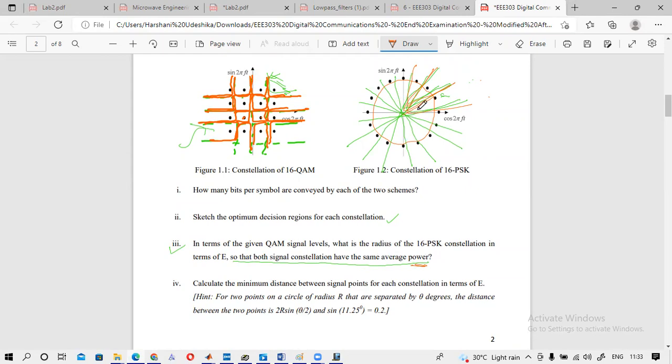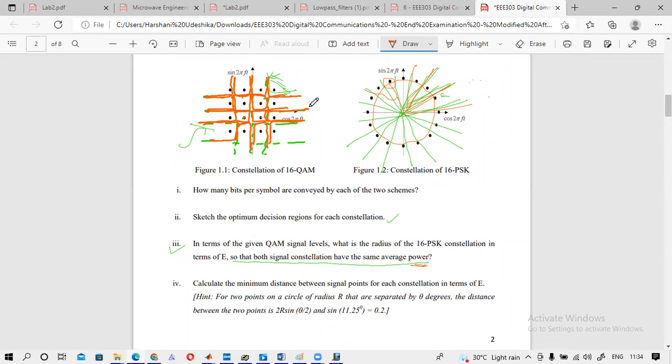You can see that for this one also, the distance between these two points is the radius, and the radius is directly related to the power or energy of these symbols if you consider PSK. So if you can find the average power or average energy for these symbols, then you can find the radius, because the average energy is the same here.